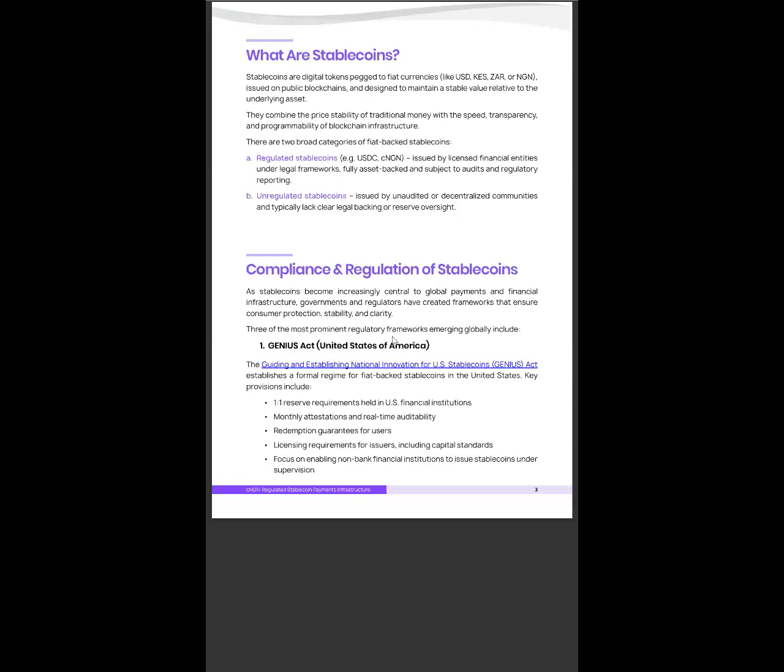All of the major players in the international markets, from Visa to MasterCard to banks to Stripe, are now leveraging stablecoins for their payments infrastructures, right? So as these stablecoins become very important to global payments and the global financial infrastructure, governments and regulators continue to create frameworks that ensure consumer protection, stability, and clarity.